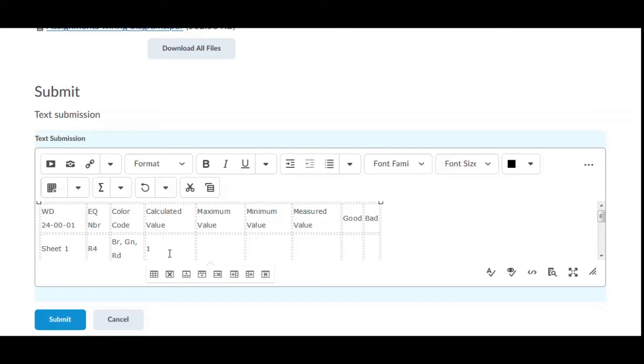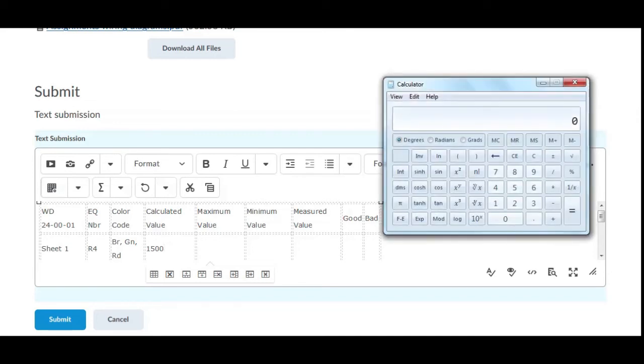Brown happens to be 1. Green happens to be 5. Red happens to be 0, which means I have to add 2 zeros. The maximum value is going to be, let me open up my calculator, 1,500 is the nominal value times 0.05, or 5%, which gives me 75.